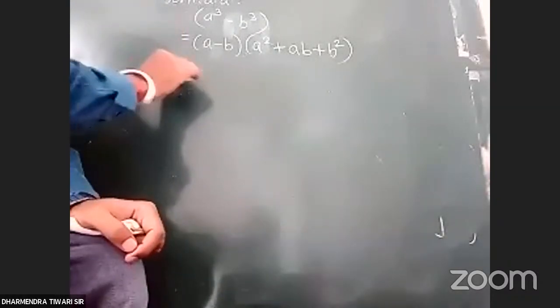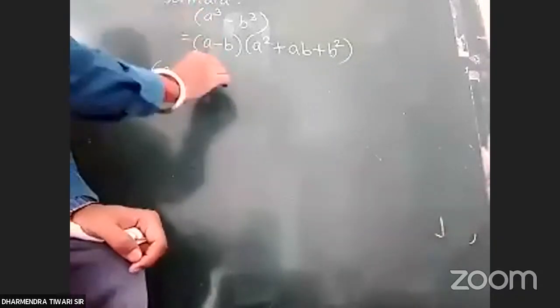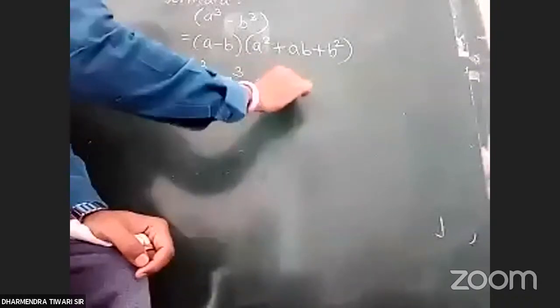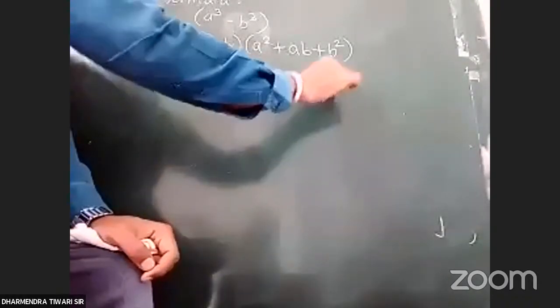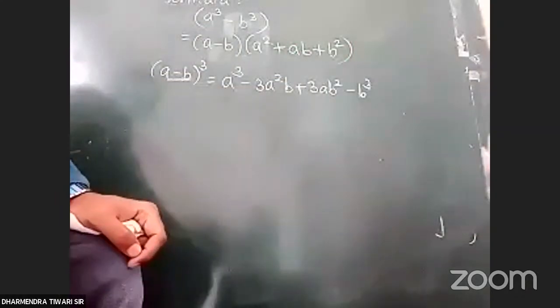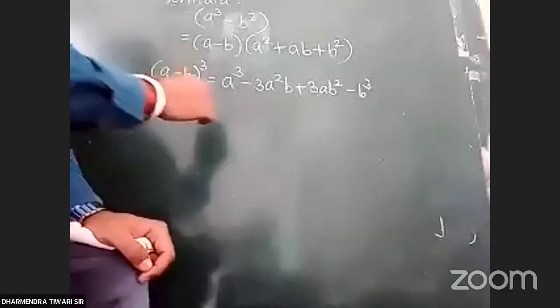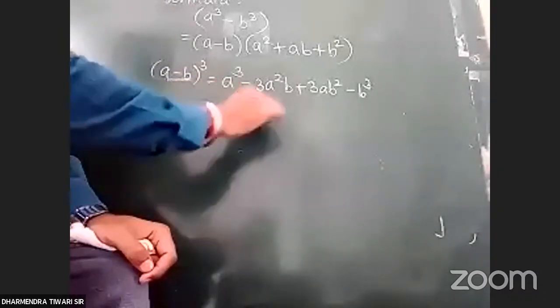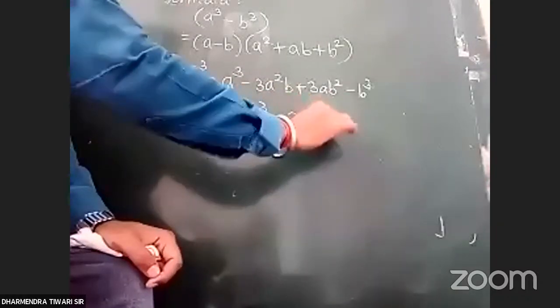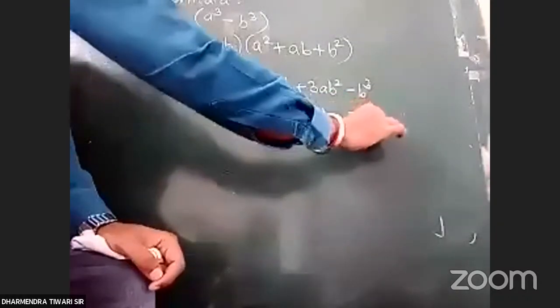As we know, the formula for (a minus b) the whole cube is a cube minus 3a square b plus 3ab square minus b cube. So we can write it as a cube minus b cube minus 3a square b plus 3ab square.